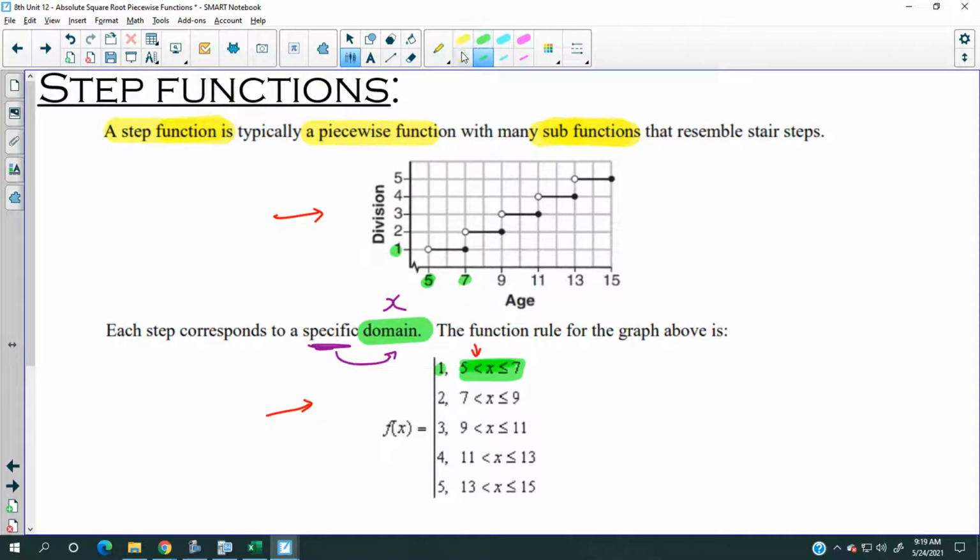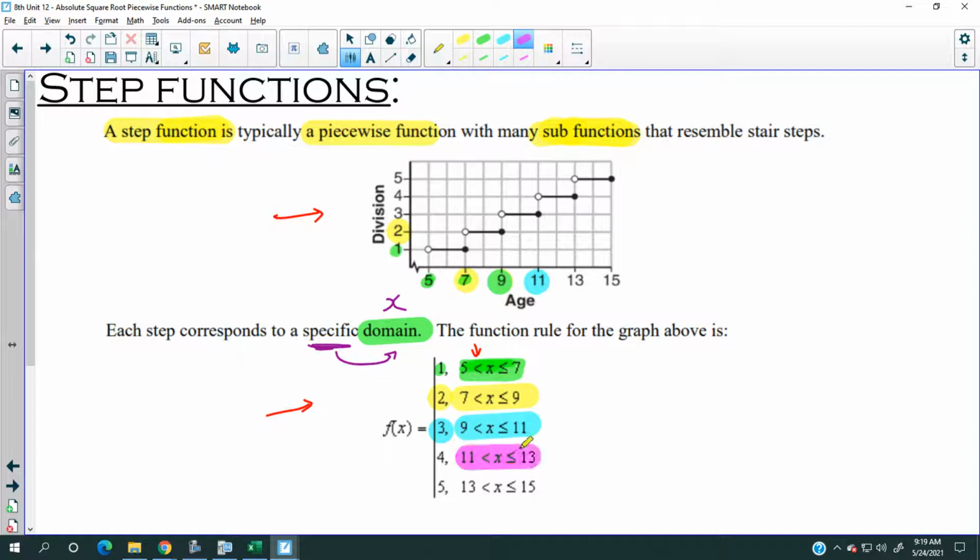Now, for this one from 7 to 9, the value is 2, and as you can see, it's 2. That's it. Again, the 7 is open, the 9 is closed, that's why one is an open circle, one's not. Nothing new here. Next one, from 9 to 11, the value is 3, again open, closed, because there's no line underneath here, and so on and so forth.